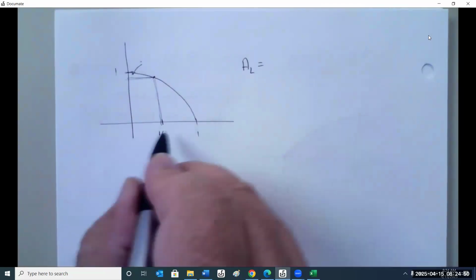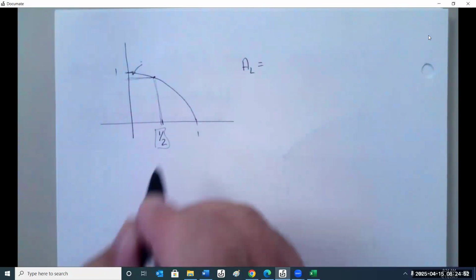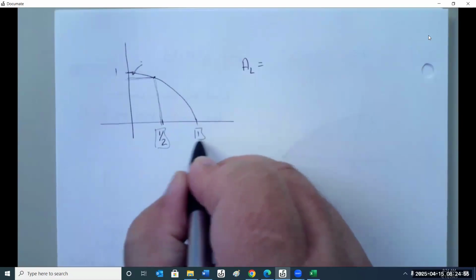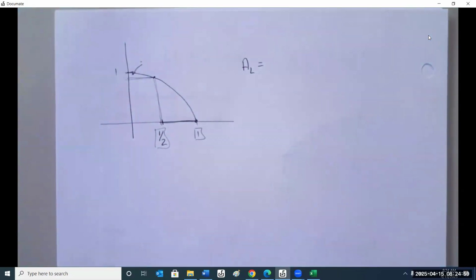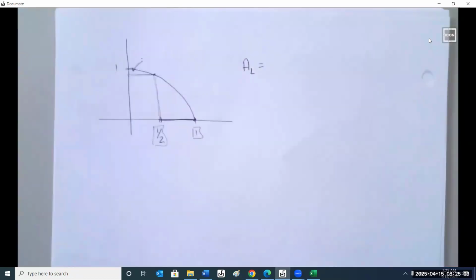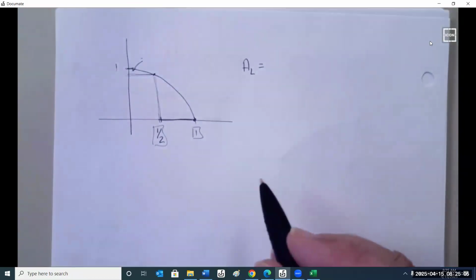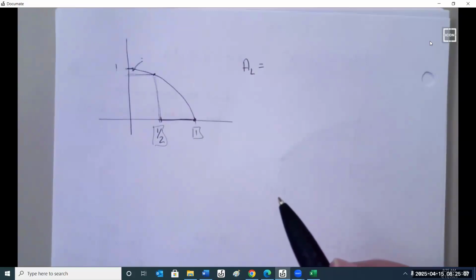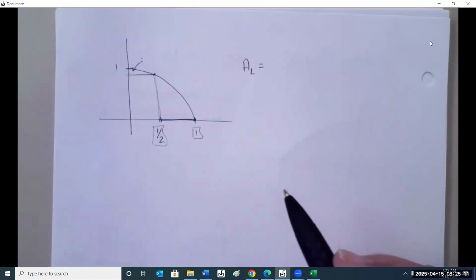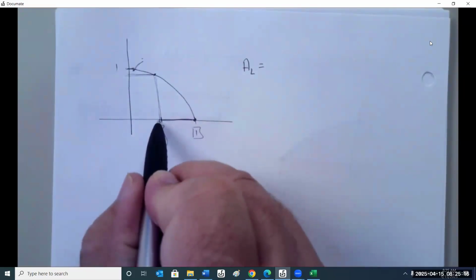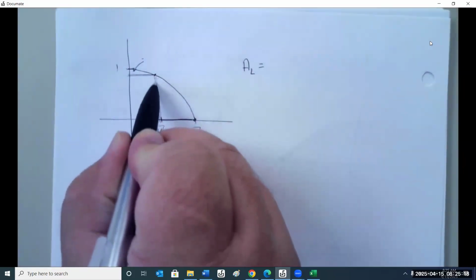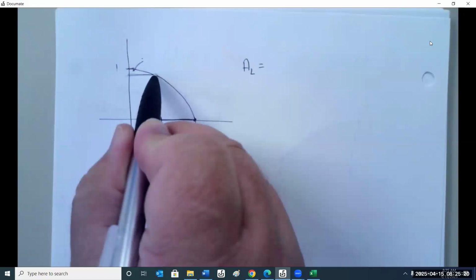And so we use the endpoint. What's the area going to be here? Again, for this one, since we want the area that's less than the curve, we use this point.